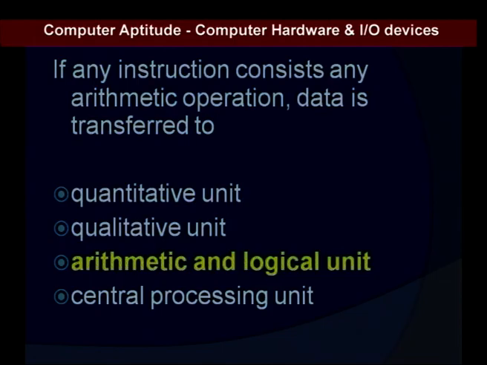If any instruction consists of arithmetic operations, the data is transferred to the arithmetic and logical unit. Arithmetic operations, for example, are adding two values, multiplying two values, subtracting two values. Any type of arithmetic operation coming into the CPU goes to the ALU part, which performs the calculations. Whenever arithmetic operations are mentioned, choose the option arithmetic and logical unit.